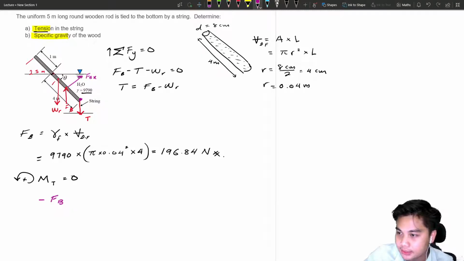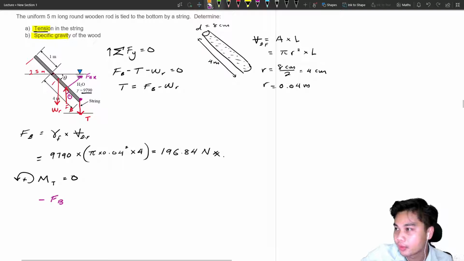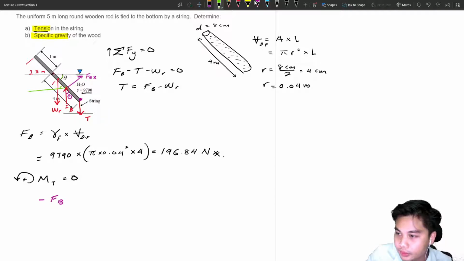This angle is the same as this angle, if you learned trigonometry. This is the width. From here we have this angle.